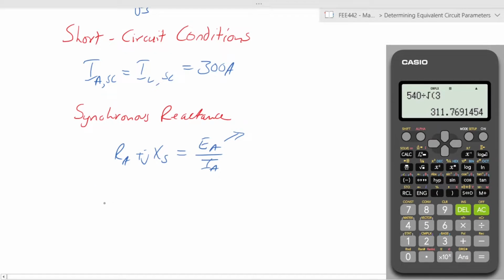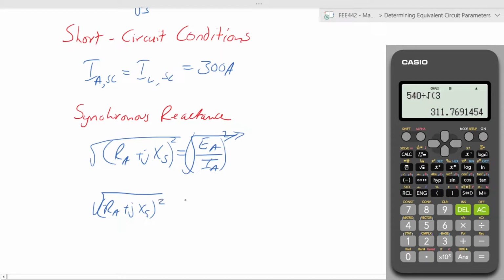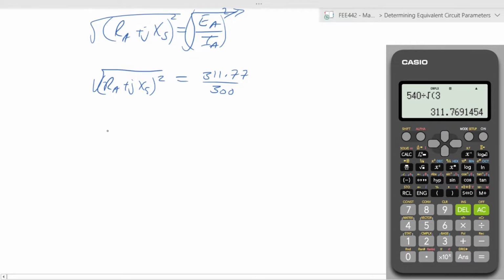If we square both sides, then find the square root, we get the square root of RA squared plus XS squared, which is equal to 311.77 over 300.